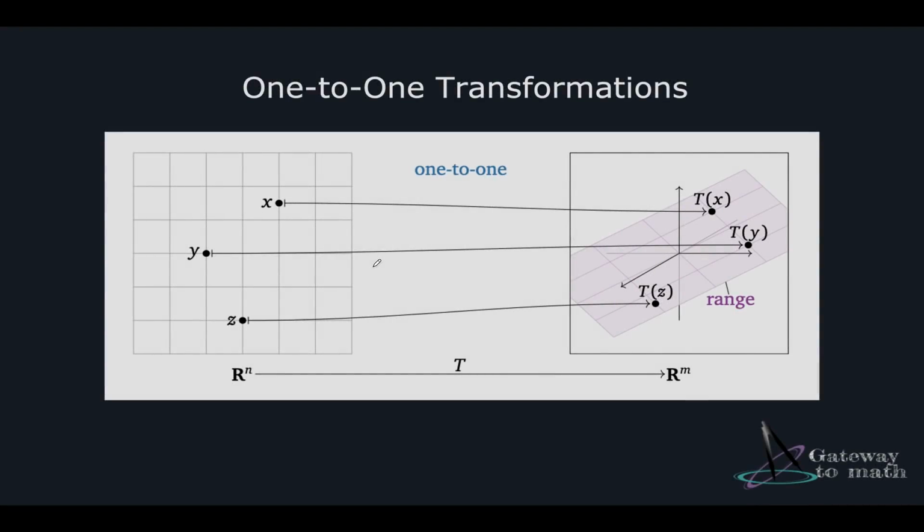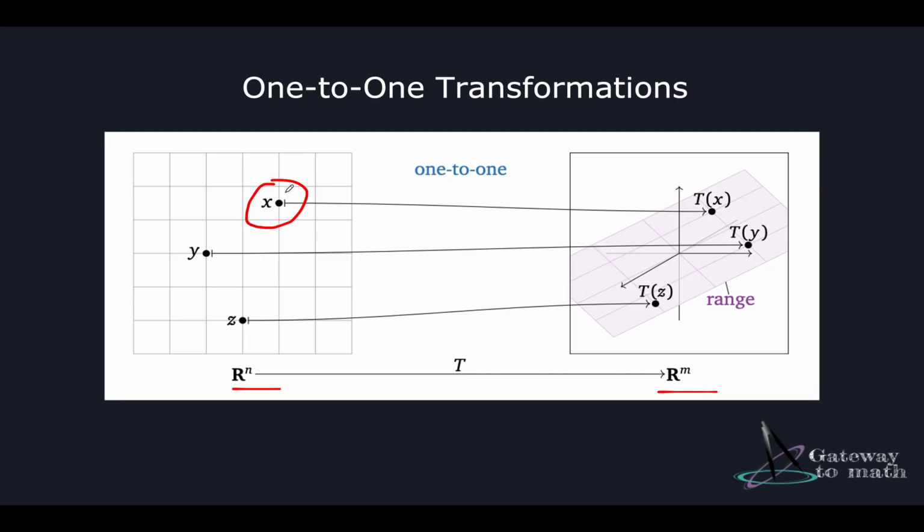Some important function types that we have to see. One is a one-to-one transformation or one-to-one function. That is, you have some variable x in your domain and you apply some transformation T to it, and then you get an output T(x) in R^m. This is my domain, this is my codomain, and there's just a single mapping from domain to codomain.